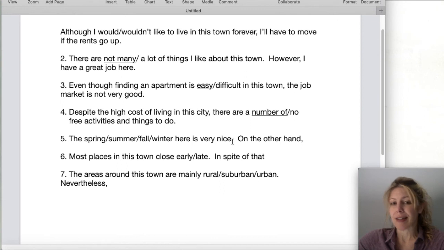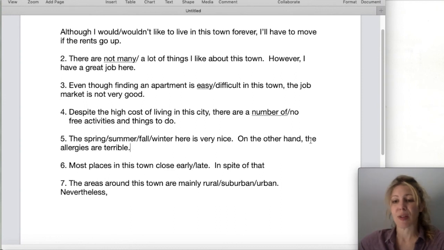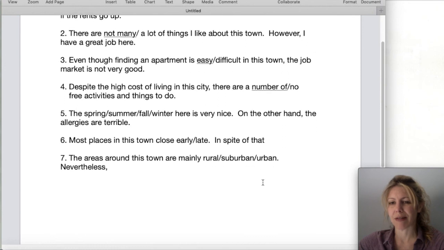Here is very nice. On the other hand, the allergies are terrible. And you could say that about the spring. The spring here is very nice. It's very beautiful. On the other hand, the allergies are terrible for many people. Okay, so nice weather, but you get bad allergies.